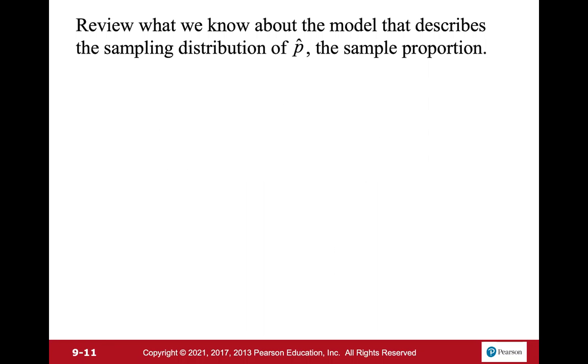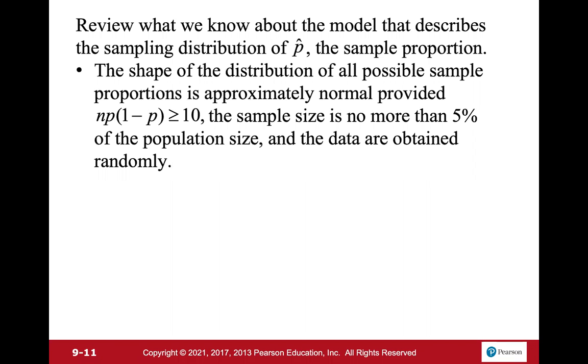So let's review what we know about the model that describes the sampling distribution of p hat, the sample proportion. So far we have that the shape of the distribution of all possible sample proportions is approximately normal, provided that n times p times (1 minus p) is greater than 10, and the sample size is no more than 5% of the population.